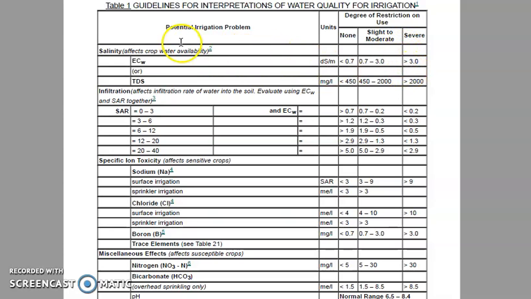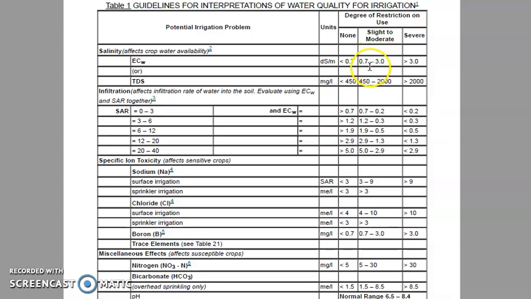The first parameter is salinity. Salinity is represented as electrical conductivity and has a unit of dS per meter. If the electrical conductivity of the water is less than 0.7, then there is no degree of restriction on use.